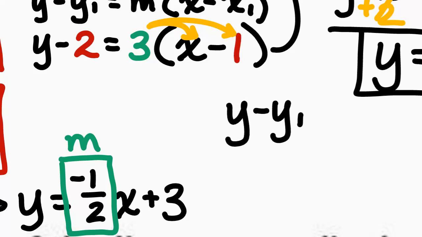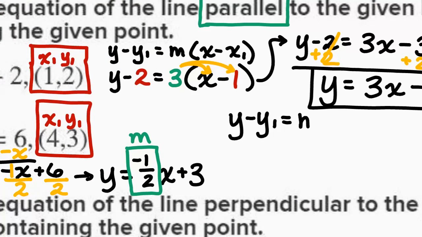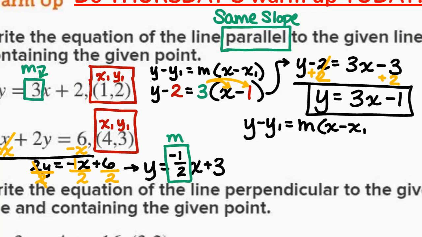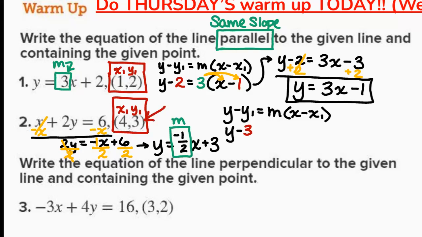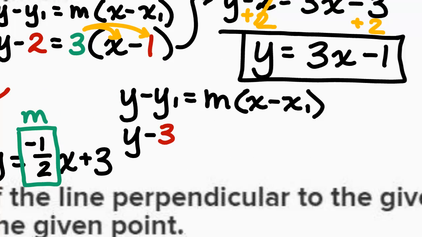Y minus y1 equals m, parentheses, x minus x1. And I need to substitute in those pieces that I have. So y minus, what are we putting in for y1? 3 came from this ordered pair right over here. So y minus 3 equals what? -1 over 2 goes in the place of m.